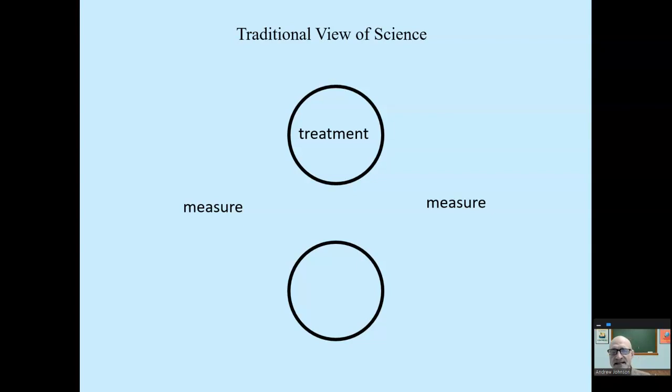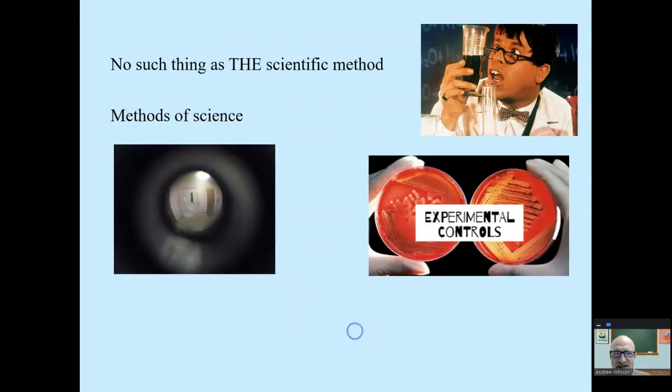However, one big idea I hope you take with you tonight is this. There is no such thing as the scientific method. Rather, there are methods of science. Controlled experimental research is only one of many methods of science.